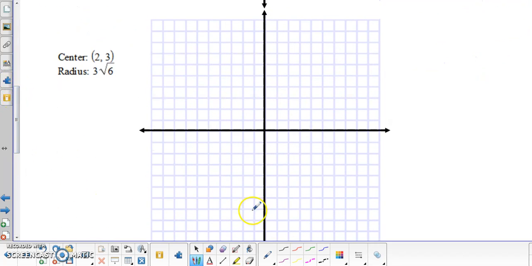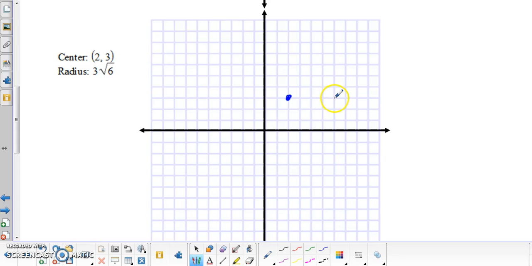Here, I've got my center at 2, 3, so I'm going to go to 2 and 3. My radius is 3 square root 6. So by now we should understand how to graph that, but just in case we've forgotten, we've got to put 3 square root 6 into our calculator, and we get 7.35. So that means that I would be going 7.35 in each direction.